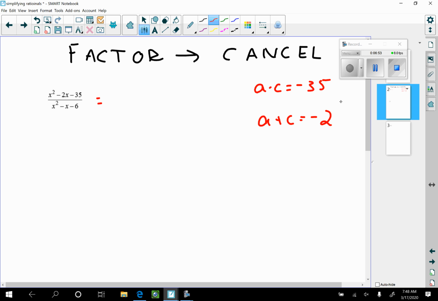Negative 7 plus 5 is negative 2. So since a is 1, and I have the p and the q, it's just going to be x plus p and x plus q. It's a nice review of factoring quadratics. So let's factor the bottom thing.